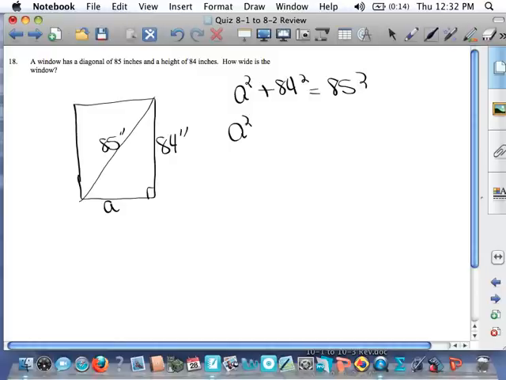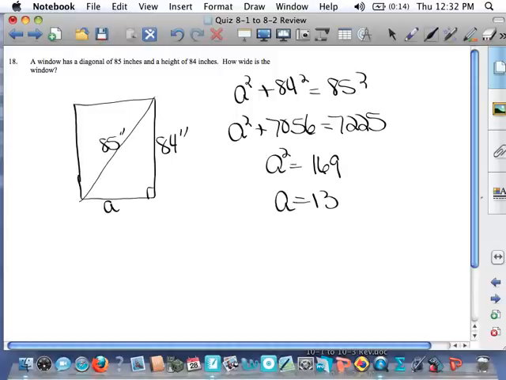So I have a squared plus 7,056 is equal to 7,225. A squared is equal to 169, so A is equal to 13. So the window is 13 feet wide.